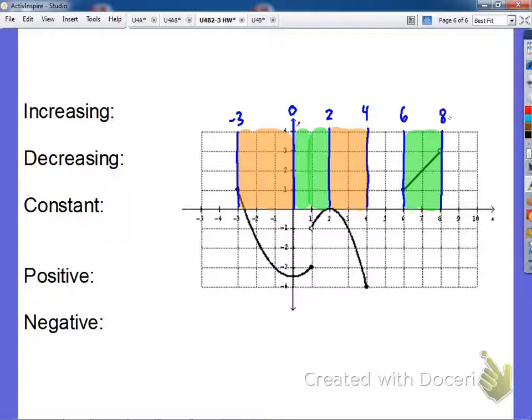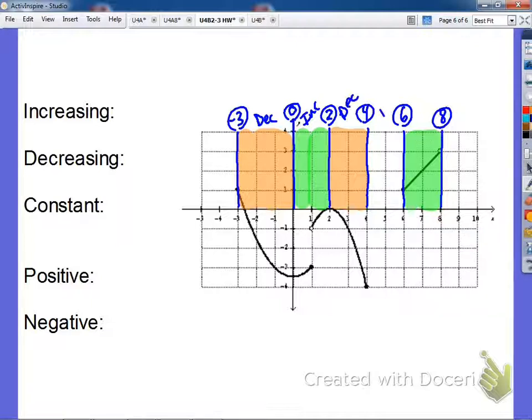Here it's decreasing, here it's increasing, decreasing, nothing there in that one, and it's increasing here. Understood?